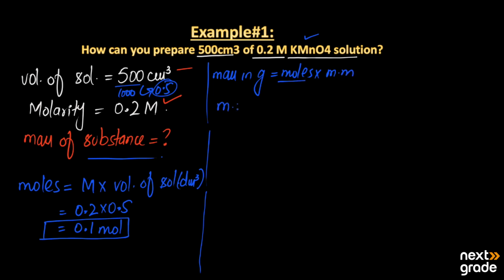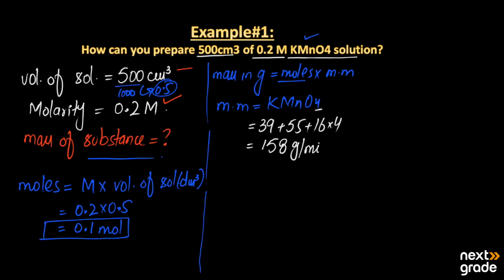So the molar mass of potassium permanganate, KMnO4: potassium is 39, manganese is 55, and oxygen is 16 multiplied by 4. The answer is 158 gram per mole.